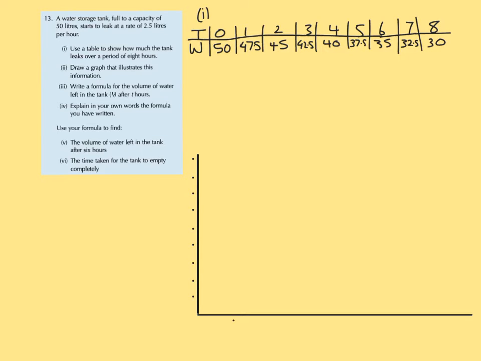So 1, 2, 3, 4, 5, 6, 7, 8. Okay, we'll just say that end one there is 8. And we know that as well. Just before I take that off, I'm going to put down that this is continuous and this is continuous. So I know that's 1, 2, 3, 4, 5, 6, 7, and 8.